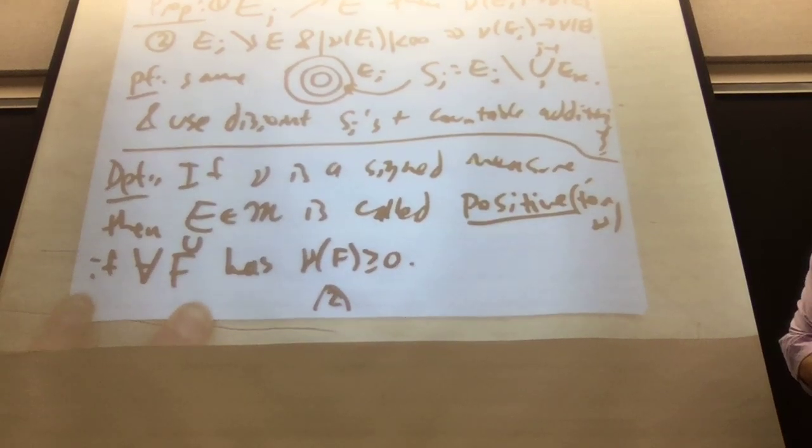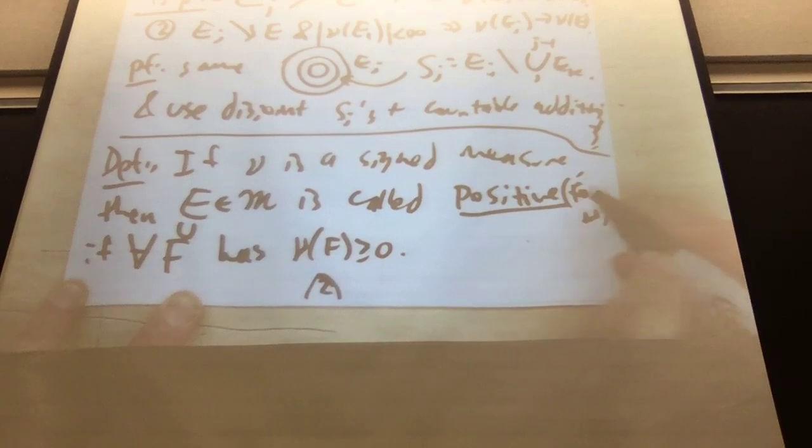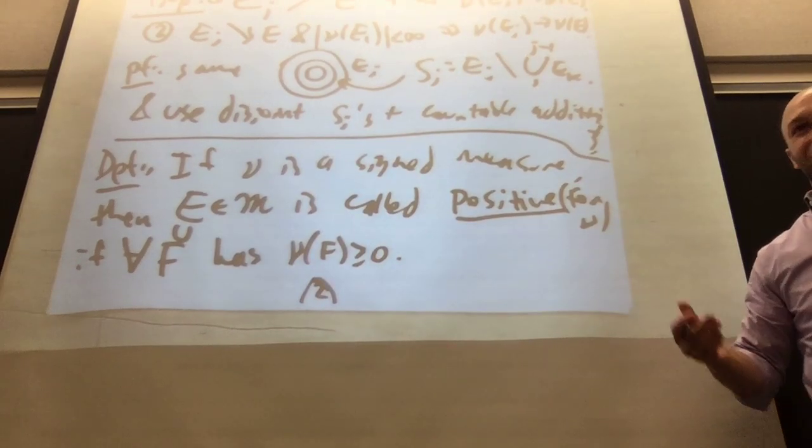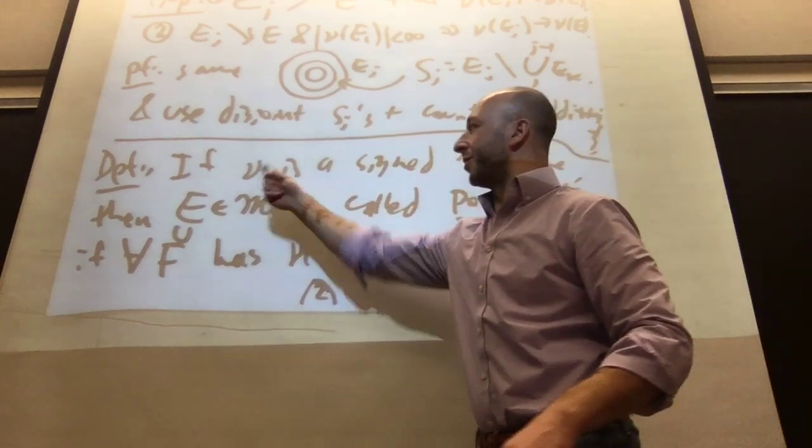What is this? Positive for nu. So if there's more than one signed measure floating around, then positive for what? Positive for this signed measure.